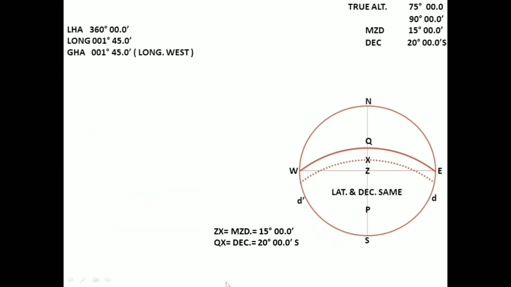Then the second possibility we talked about was latitude and declination have the same names, and latitude is greater than the declination. As you can see here, latitude is greater than the declination. I figure out that my latitude should be zenith distance plus my declination, which gives me a latitude of 35 degrees south.